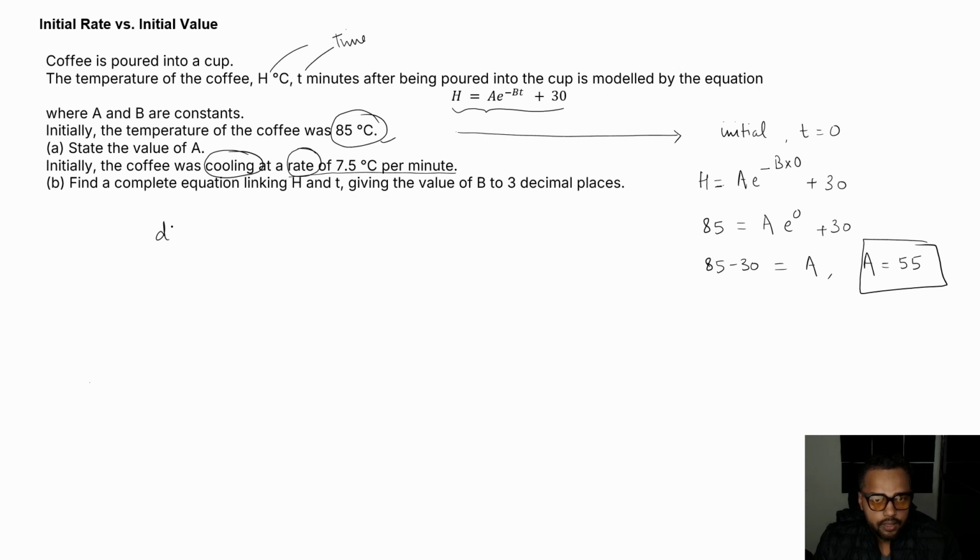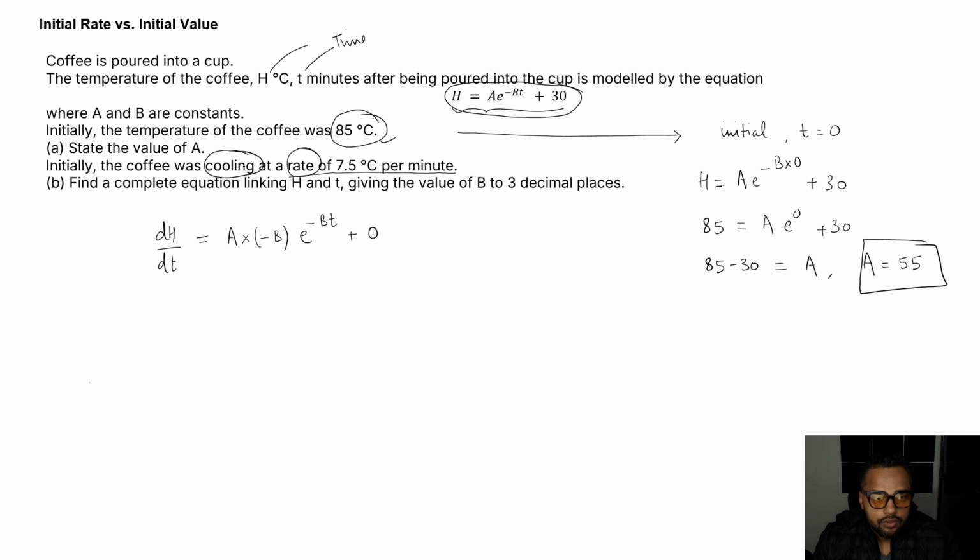So if we differentiate the given equation, dH by dt, we'll get A cross negative B e raised to the power negative B cross T, plus 30, the differentiation of this term will be 0.